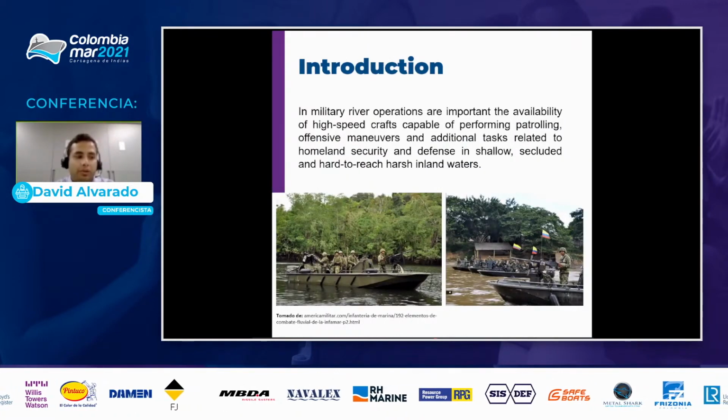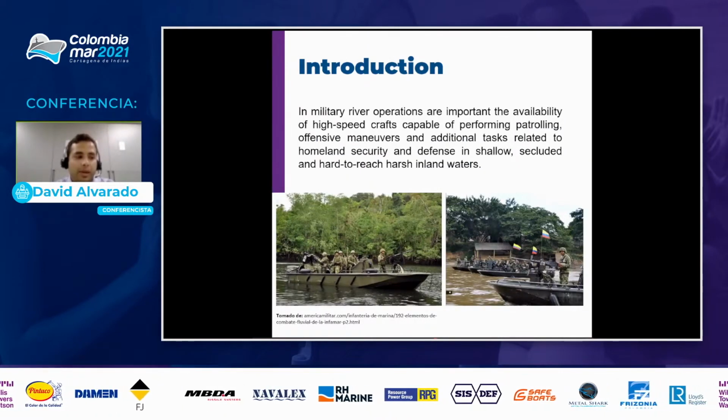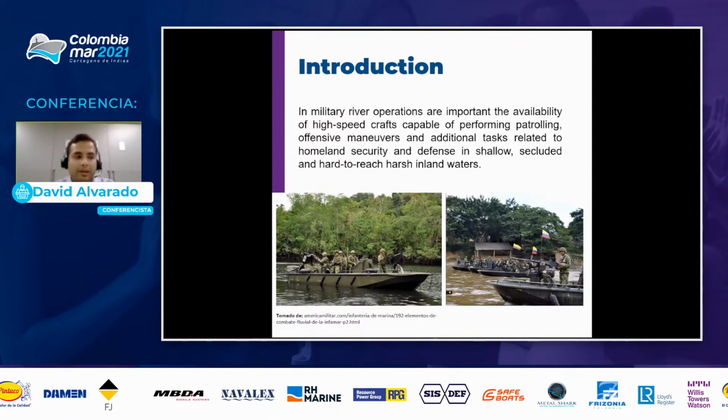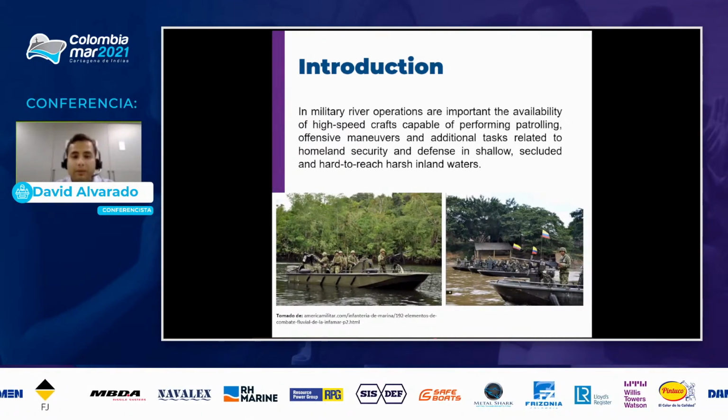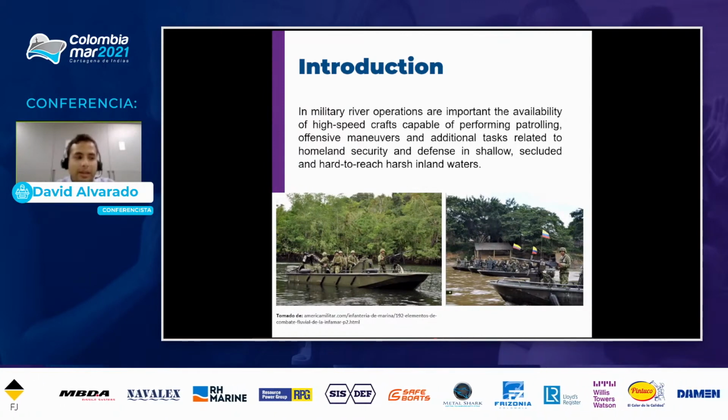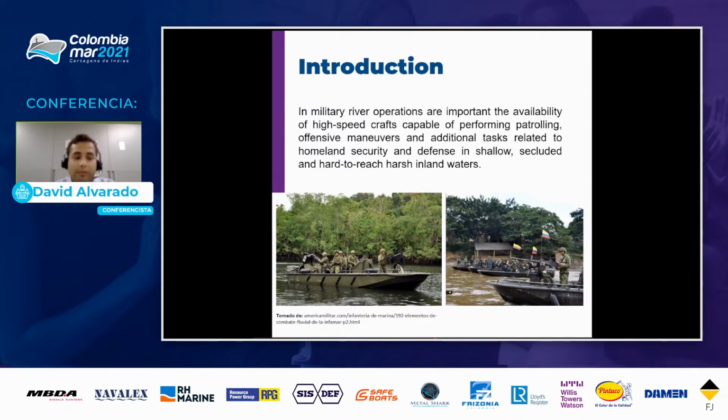Within the framework of the constitutional missions of the National Navy, there is the maintenance of territorial sovereignty in river or inland waterway regions.